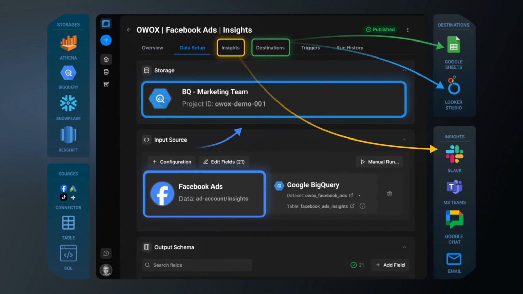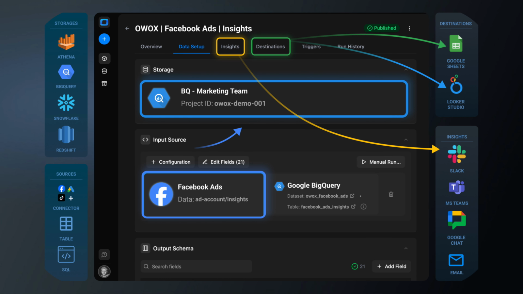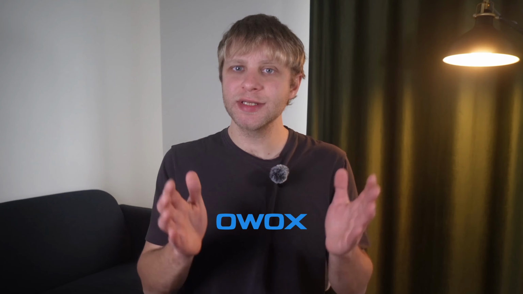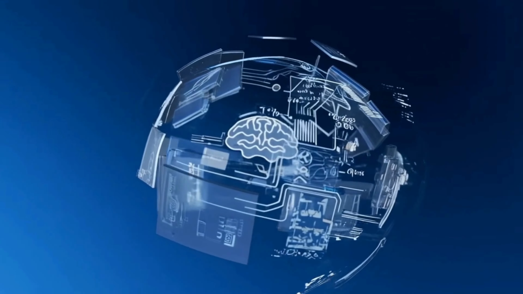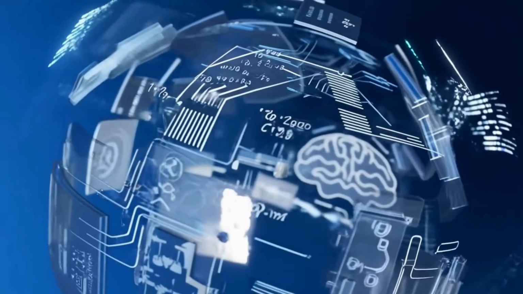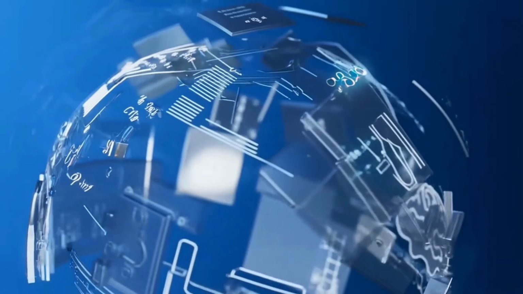Let's start with the system first, not the clicks. Here is the architecture of OWOX Data Marts. Facebook ads is the source. BigQuery is a data storage, not a destination. OWOX Data Marts sits right in between, not as a black box connectivity tool, but as a place where all the logic, all the senses, all the settings are defined and then reused.